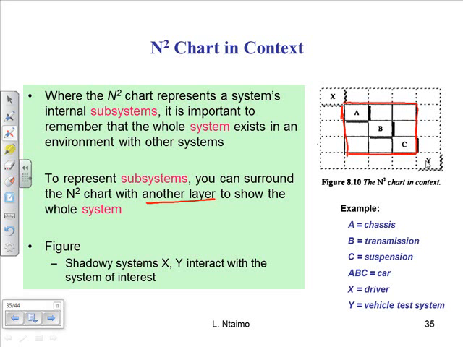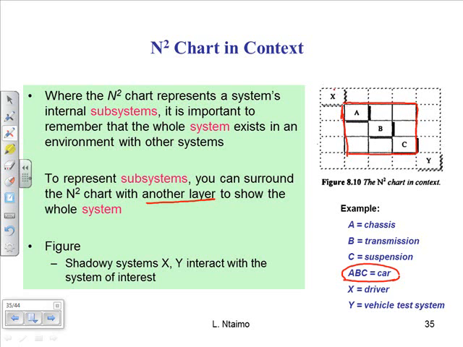For example, ABC can be a car. So we have an n-squared chart for a car, and this car has 3 subsystems. A is the chassis, B is the transmission, and C could be, for example, suspension. So this is how we are capturing this car. But this car has to interact with other systems in its environment.